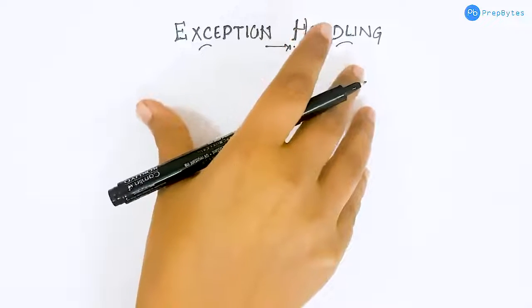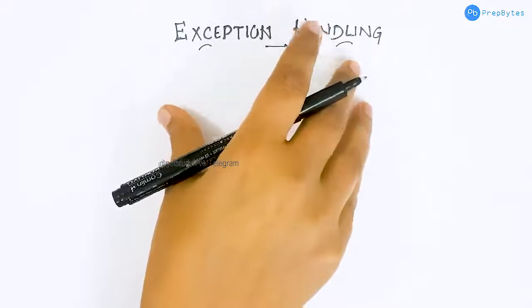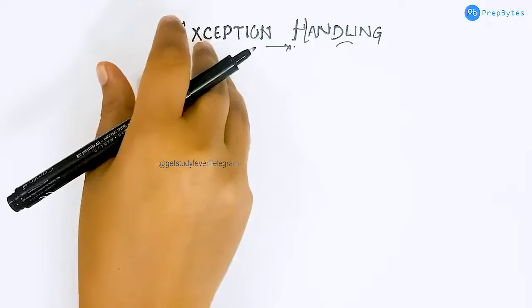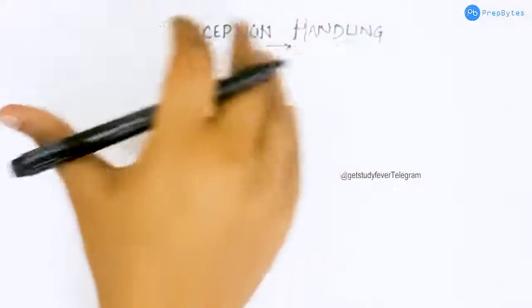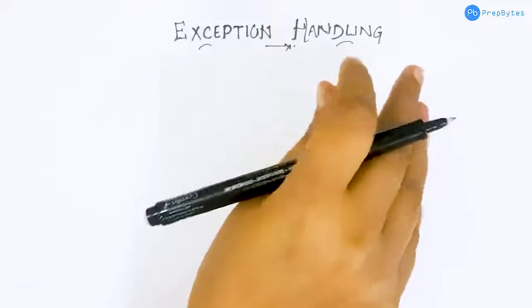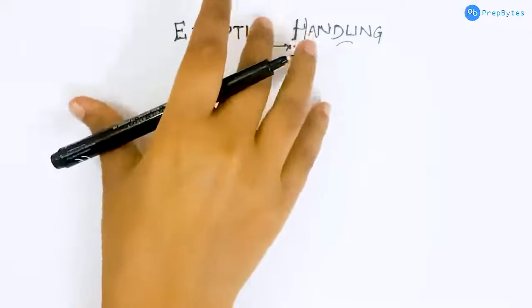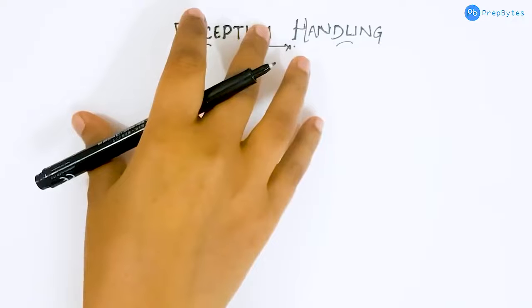So let's try to understand what exception handling is, what an exception is, and what concepts revolve around exception handling. Before we go on to understand this whole thing, first let's understand what an exception is. When you are writing code, there are various things that can go wrong.